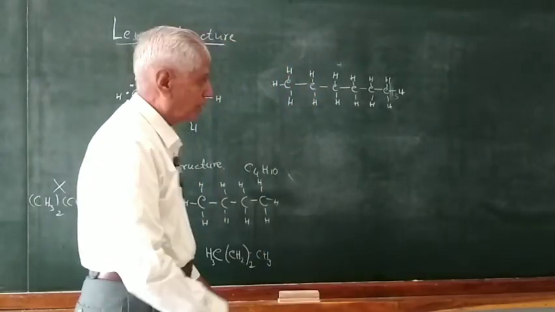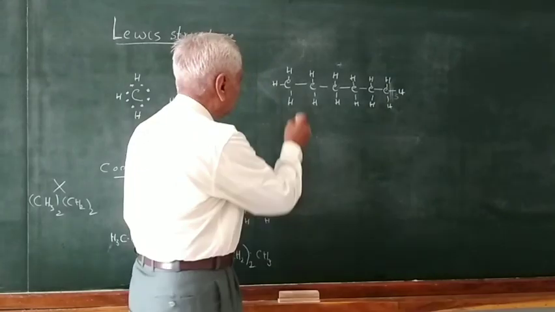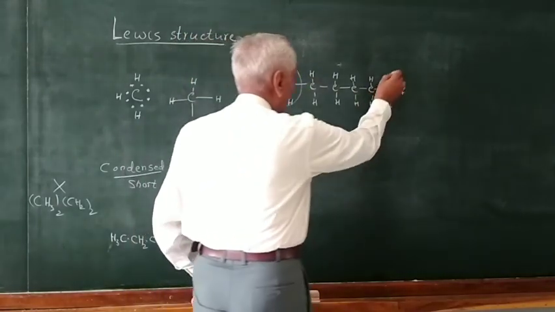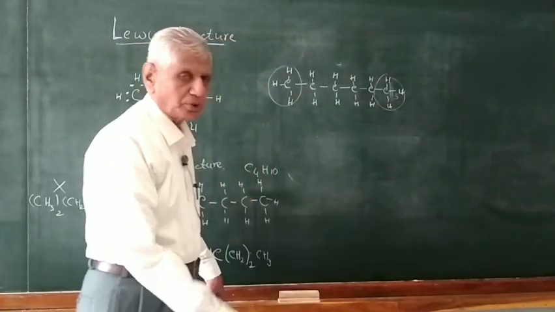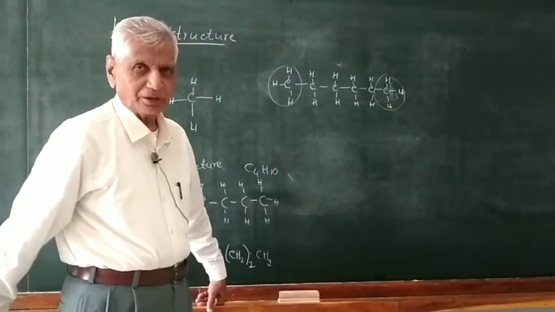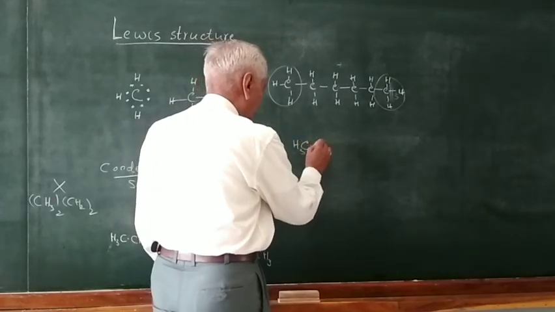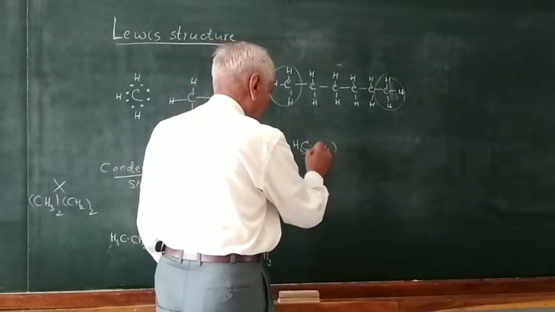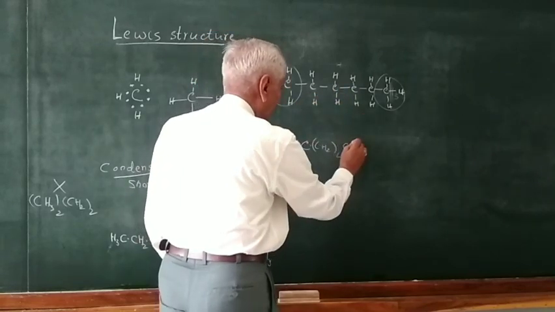This is the Lewis structure containing 1, 2, 3, 4, 5, 6 carbons. And this is the end carbon, this is the end carbon. And in between, how many CH2 groups are there? 4 CH2 groups are there. So the condensed structure you can write is CH3, CH2 four times, and then CH3.